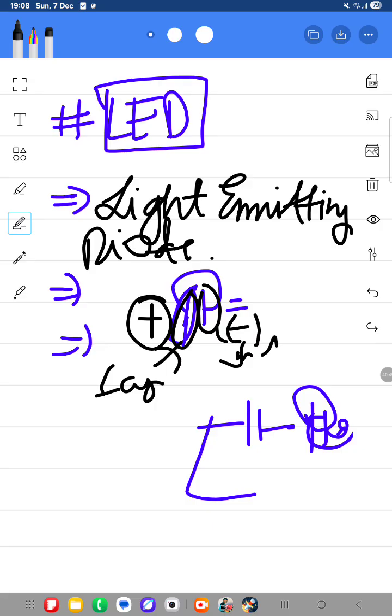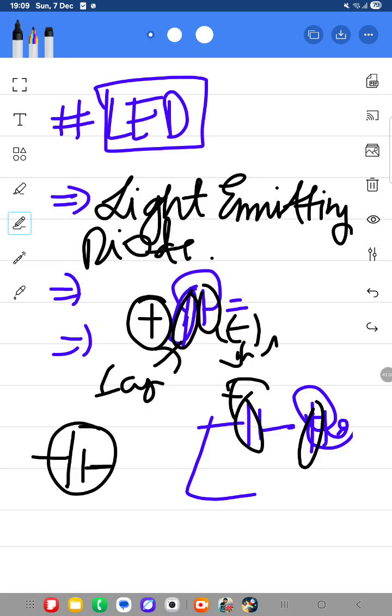Means if we are making a circuit, then the positive charge of the cell will be attached towards the bigger wire of the LED bulb. I have explained you that when we are making a diagram of a cell, the bigger one is positive. Same in the case of LED, the bigger one is positive and the smaller one is negative. So the concept of LED is only this much.